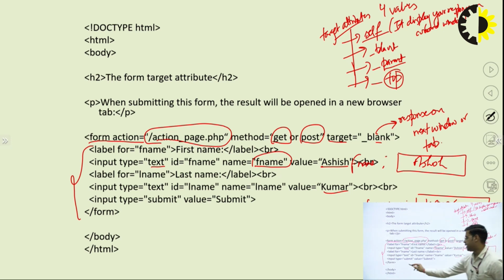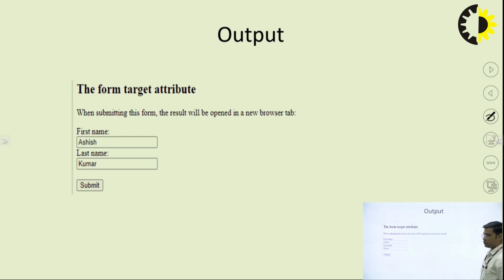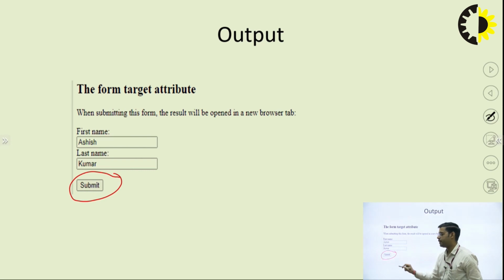If you are using input type submit, that means it creates a button and the value regarding this is submit. I will show you the output: as you can see here, first name is a text field produced by the input type, here is Kumar, this is also an input type, and this is your submit, which comes from input type equal to submit.